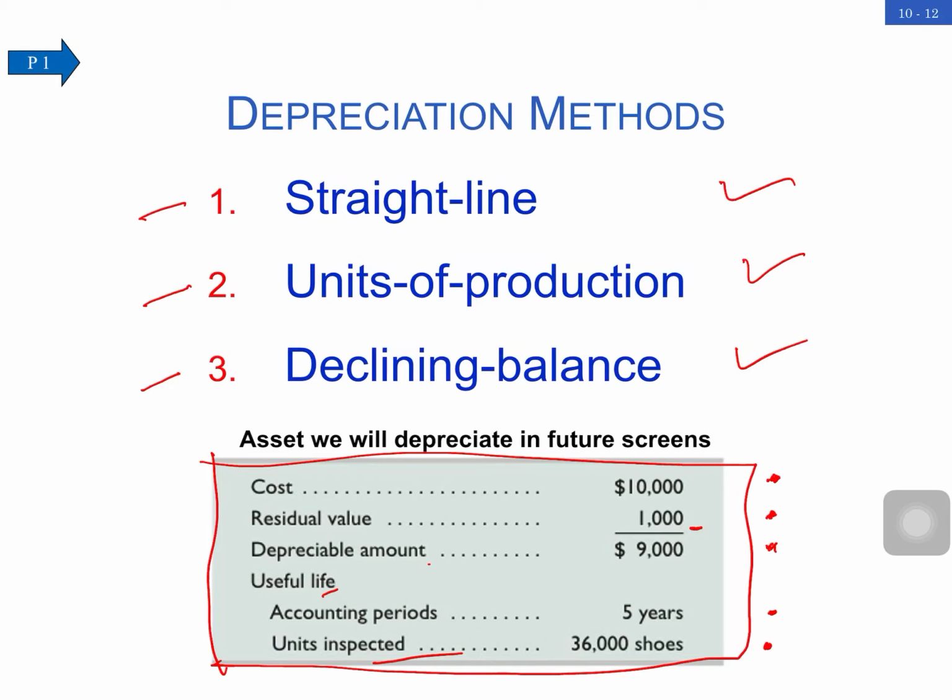You have used up all the capacity of the machine, and then you will dispose of it. We're going to use the same illustration to calculate depreciation using these three methods.